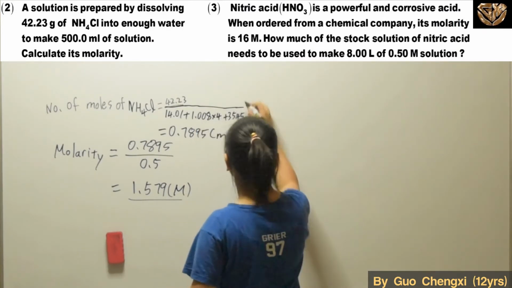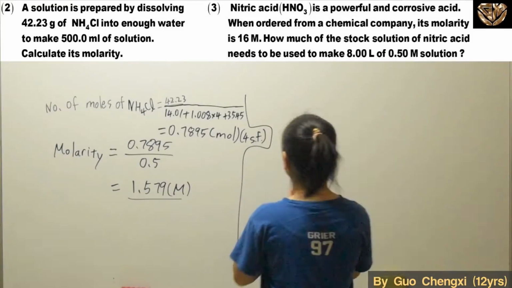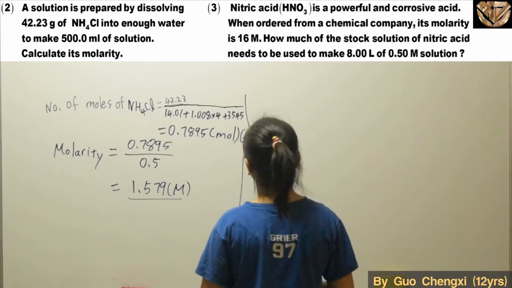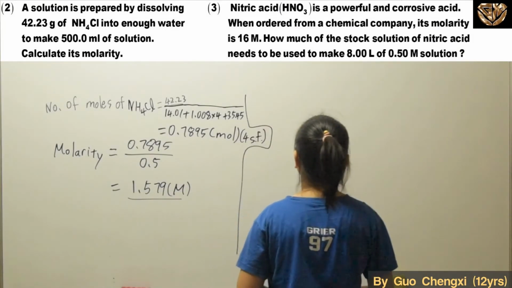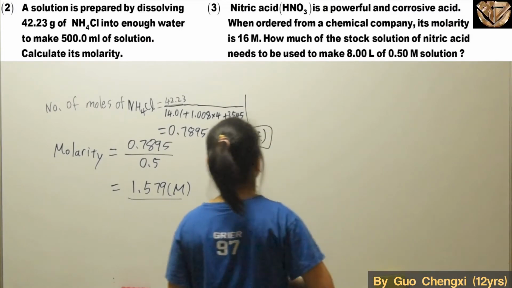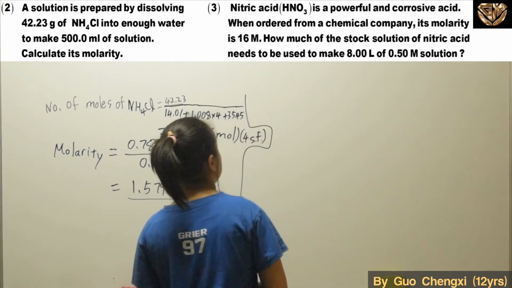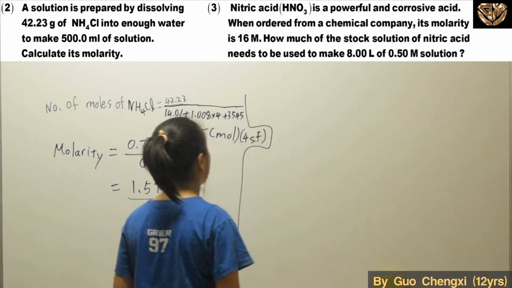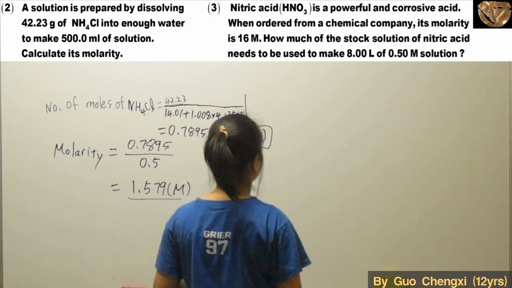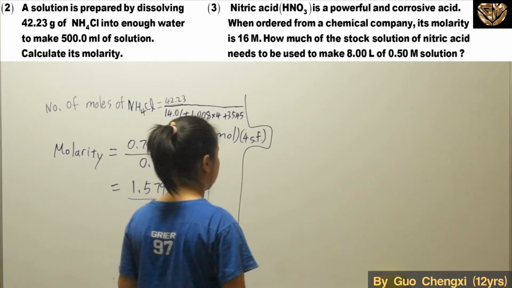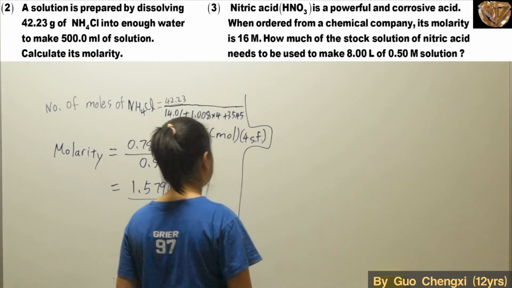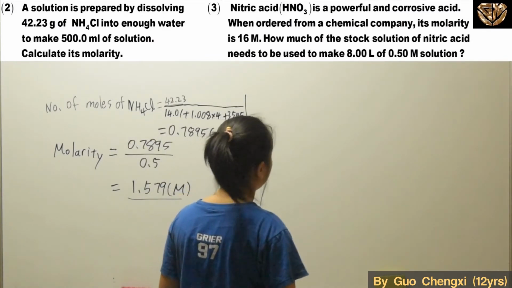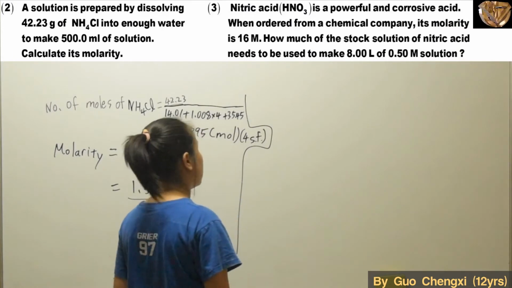Now moving on to the next example. Here we have nitric acid, HNO3, which is a powerful and corrosive acid. I have mentioned it before, at the beginning, where I explained that some acids are weaker, some acids are stronger.